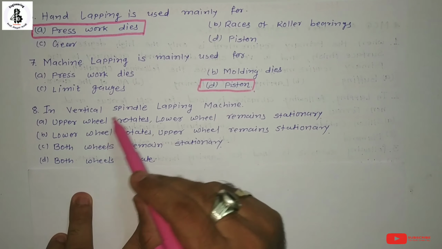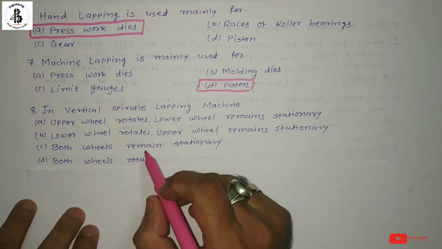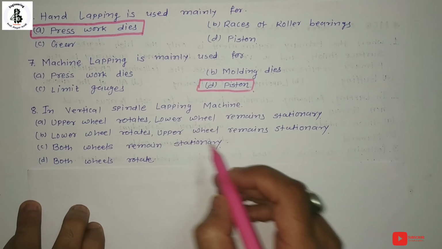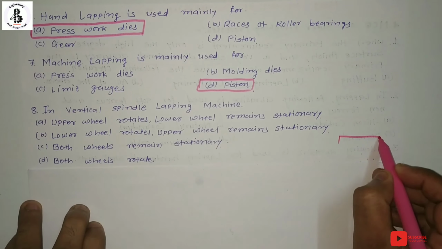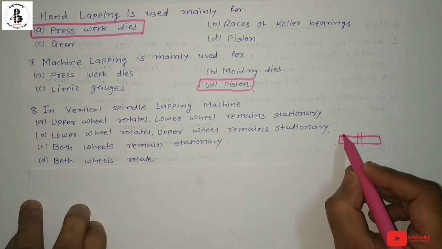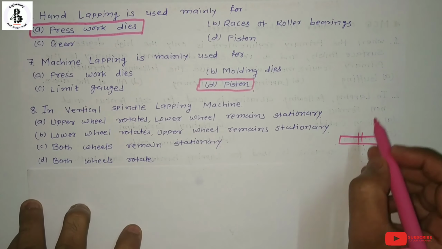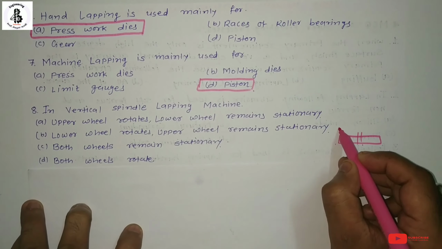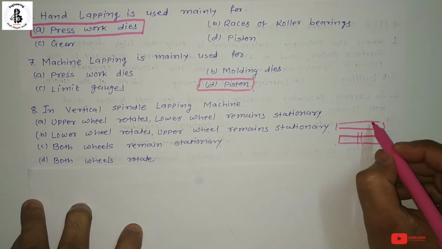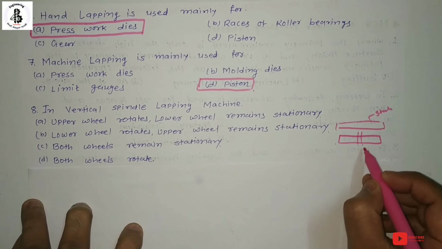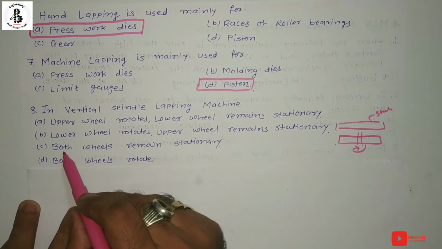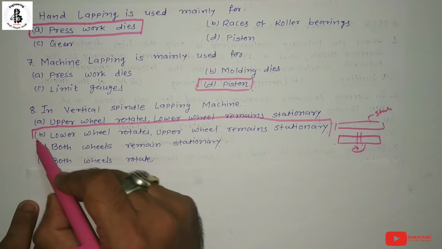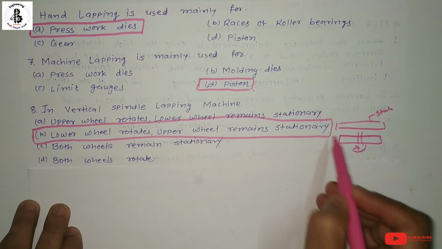So in the case of vertical spindle lapping machines, the lower wheel is rotated. In between is the workpiece, and the upper wheel provides the pressure, so it remains stationary. So the upper wheel is stationary and the lower wheel rotates. So option B is the right answer.